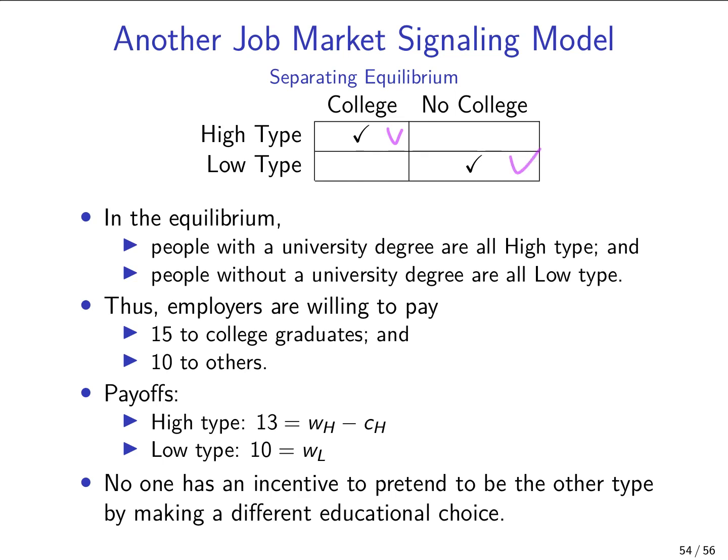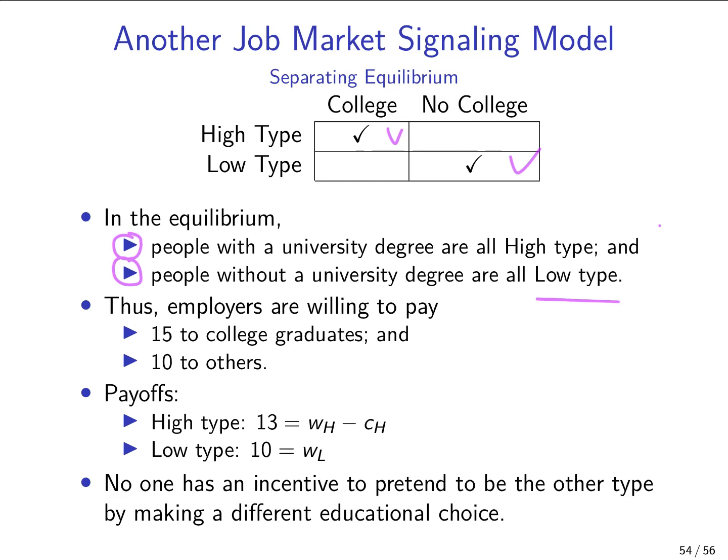And so, in the equilibrium, people with a university degree would be all high types, and people without a university degree would be all low types. So in that case, it's going to be Bayesian consistent.